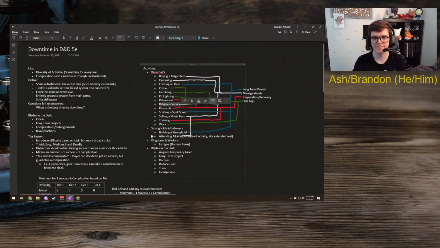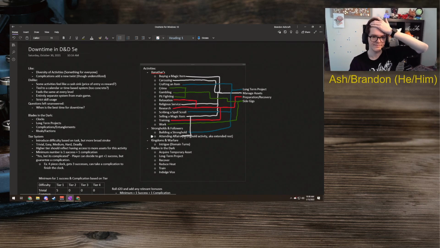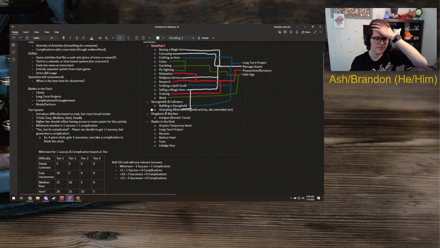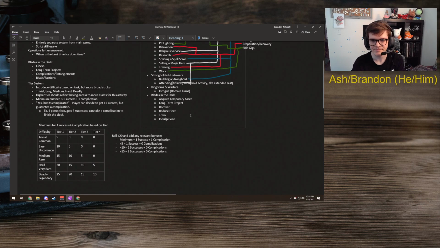And then attending affairs for your stronghold, which deserves its own bit in the manage assets because that's going to have different complications because it's your stronghold, not yourself. So we probably won't cover that today, but that is one to keep an eye out on.